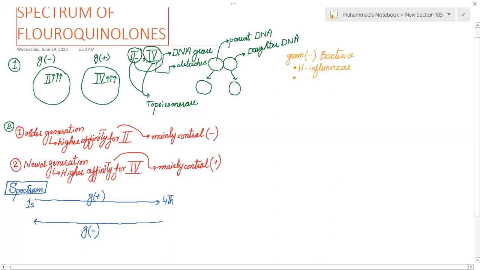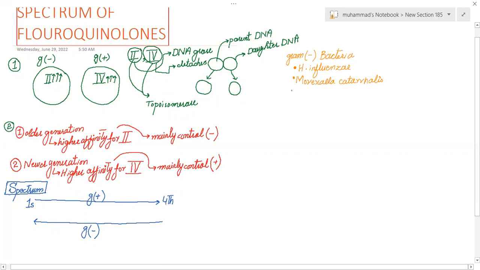The second one is Moraxella catarrhalis.